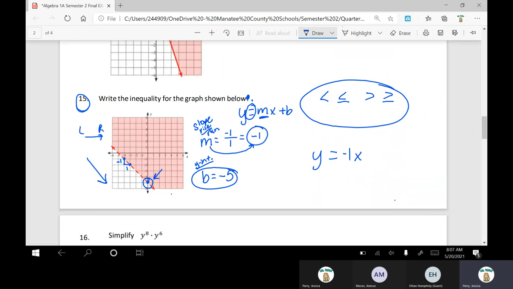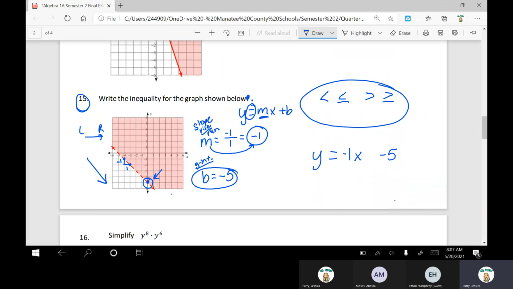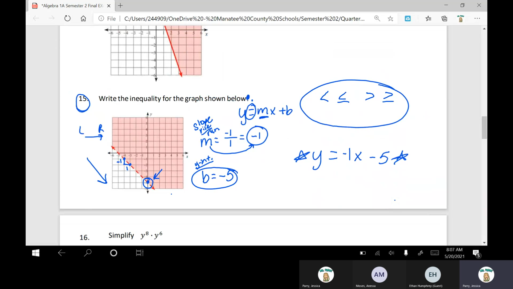And then we've got our plus b. But remember, if it's a negative y-intercept, instead of saying plus negative 5, just get rid of that plus sign. It's kind of taking up space. And then you can just write minus 5. Okay. So this is not our answer. I just kind of got it started so we know what we're looking for.